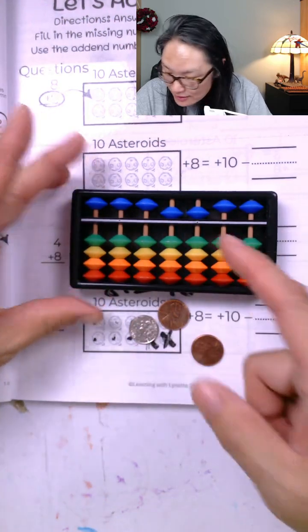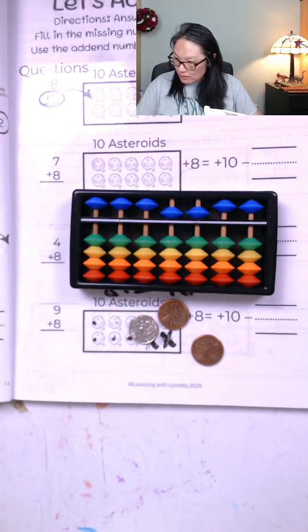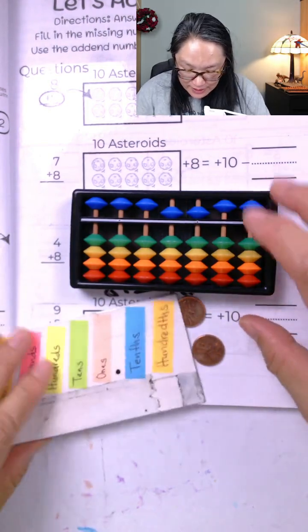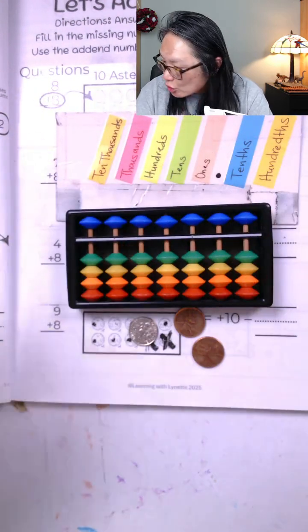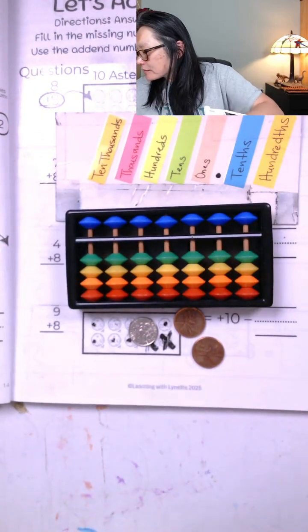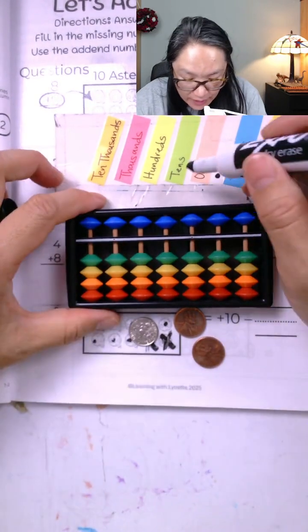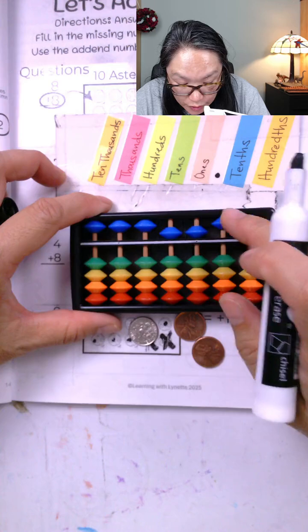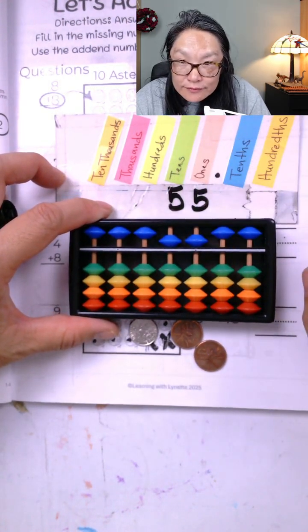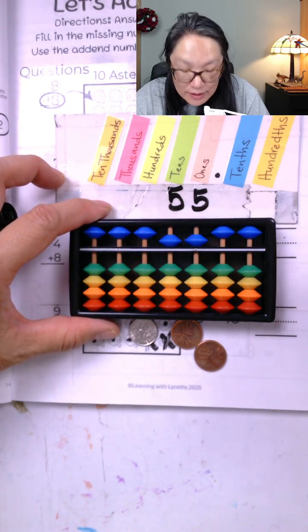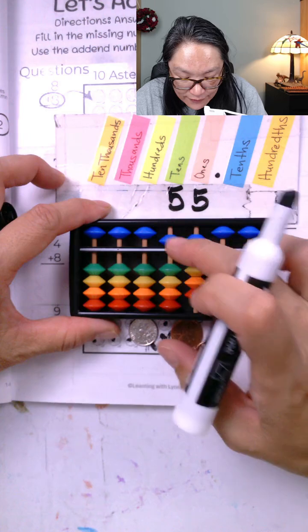So if we did this, we look at the actual number itself. So this would be the two blues, because it's 5, it would be 55. That's why. Just like this, this is 959.